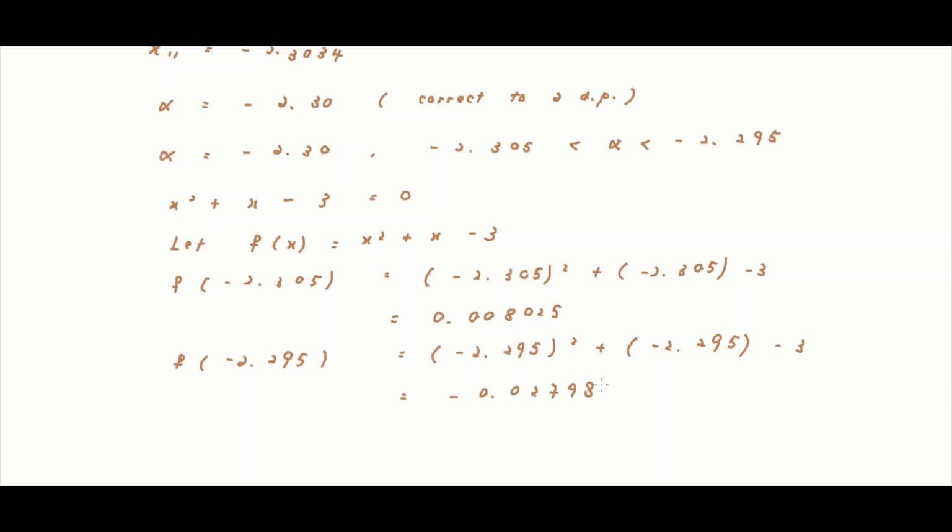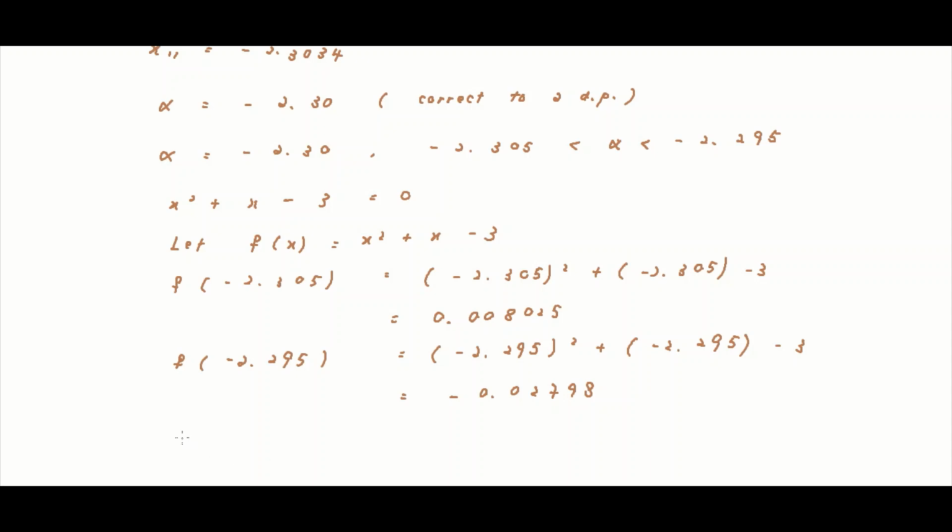So you know that there is a presence of root between this interval, right? From the explanation just now, I hope you can understand that any number between this interval will give you the root, which is negative 2.30 when you round it to two decimal places.